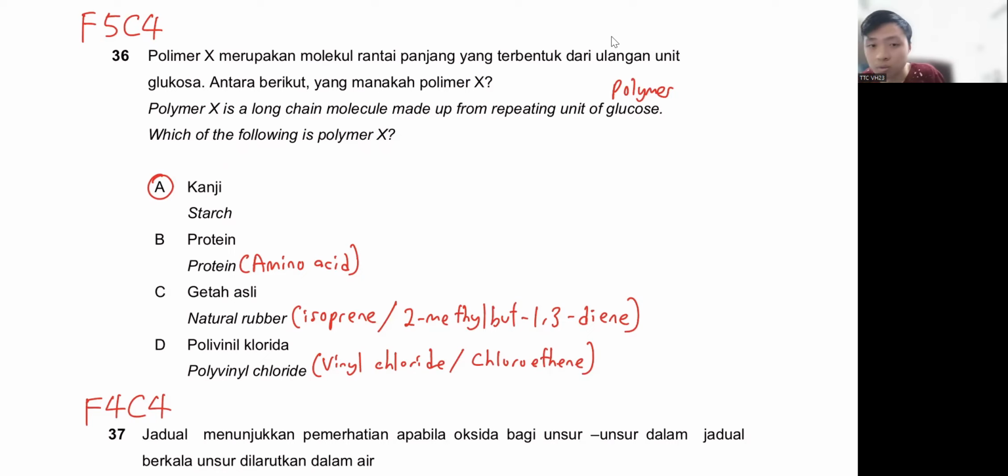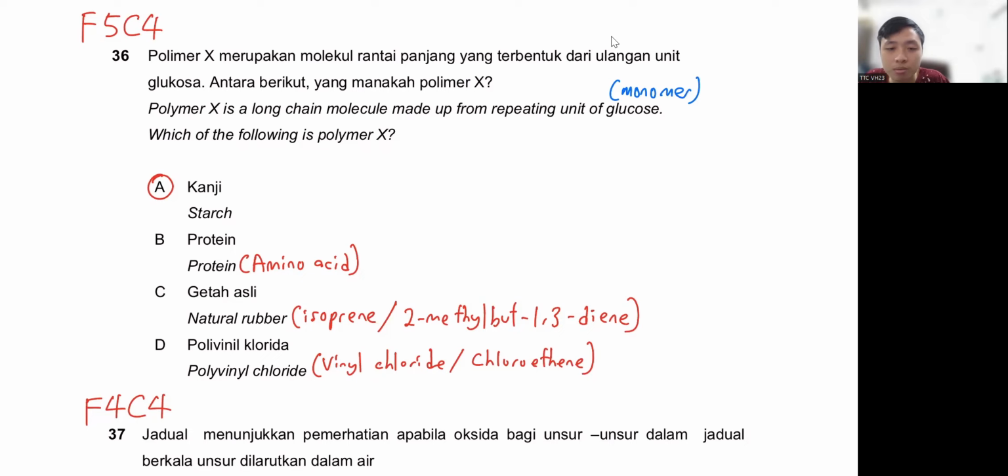This one is actually talking about monomers. Which is the polymer? So the polymer is this one. Starch is the one. Basically many glucose become starch, many amino acids become protein, many isoprene become polyisoprene, which means natural rubber, and many vinyl chloride become polyvinyl chloride.